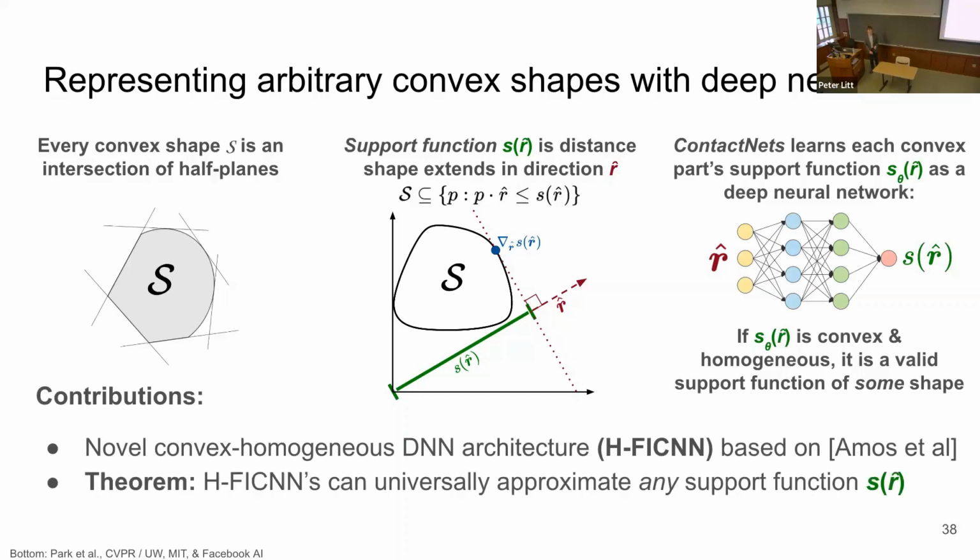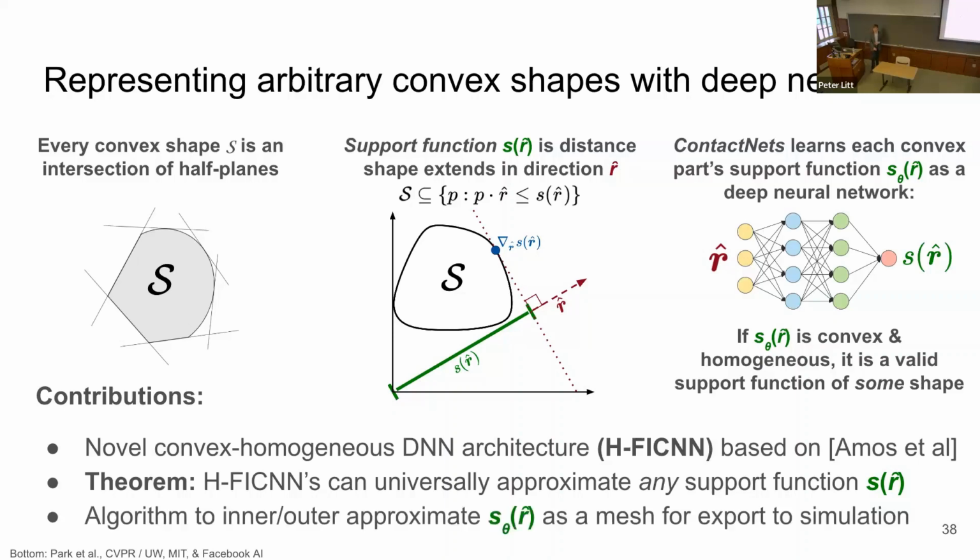We have proven that these neural networks are flexible enough to approximate any convex geometry. And then also we've developed simple algorithms by sampling from which you can generate mesh approximations of those shapes by sampling the value of this function as well as its gradient. And those meshes can then be exported to simulation.